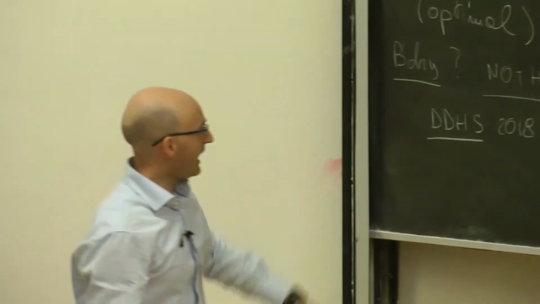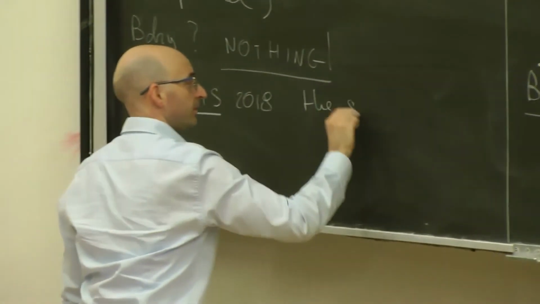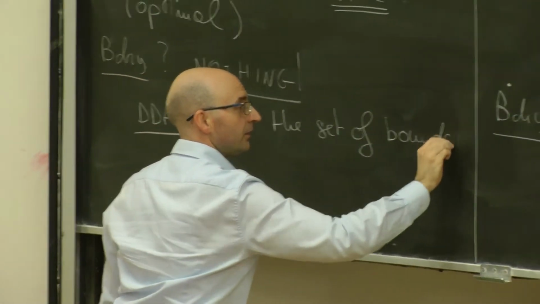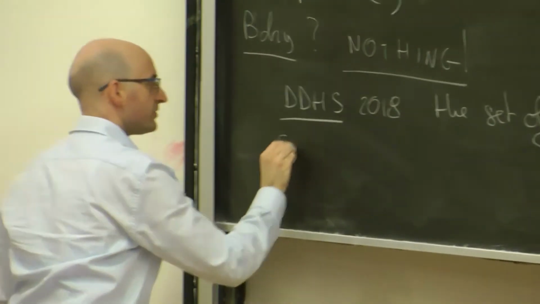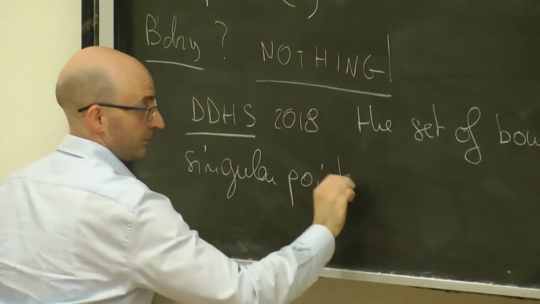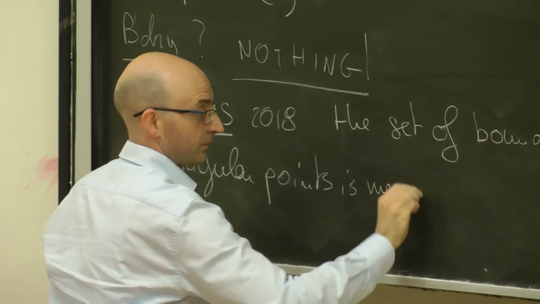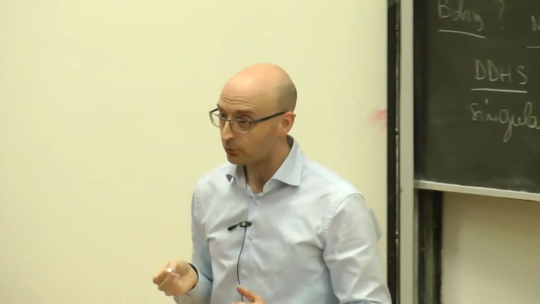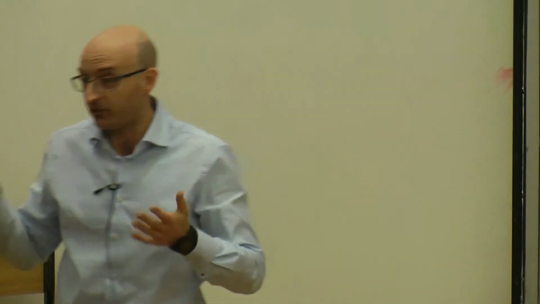What we actually prove is that the set of boundary singular points is meager in your boundary gamma. So it's a closed set with empty interior. Which tells you, on the other hand, that the set of boundary regular points is actually an open dense set. And so there's always actually some of them in any situation.